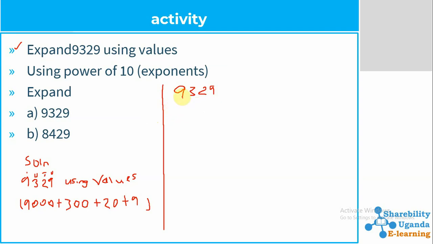We have seen that our 9 here is in the thousands. Then how can we write 1,000 to show that this is 1,000? We look for the way we can represent 1,000.